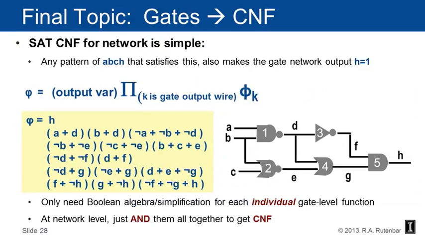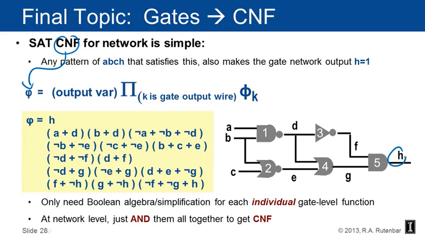Well, to get the entire CNF for the entire netlist, what you do is the following. You build this CNF for phi, and it's got two parts. You actually have to put the output variable there as one of the clauses.